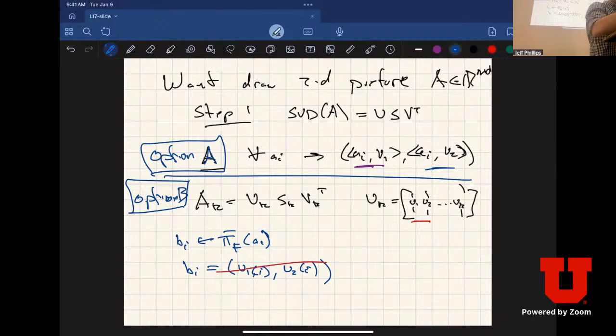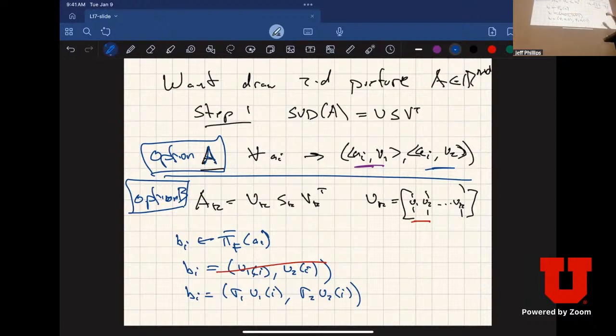Okay, so instead I want to do the ith point is going to be sigma 1 U1, the ith coordinate, sigma 2 U2, the ith coordinate, and this will give me a point in 2 dimensions.